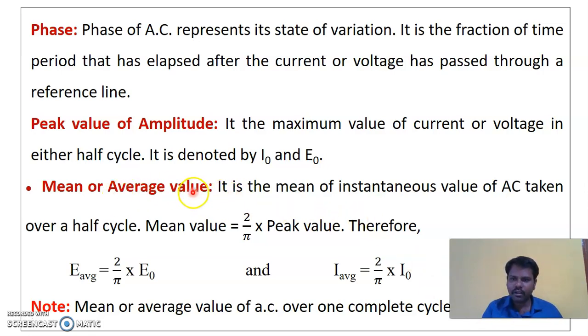The mean or average value is defined as the mean of the instantaneous value of alternating current taken over half a cycle. It is given as mean value is equal to 2 by pi into peak value. So for alternating voltage, E average is equal to 2 by pi times E naught, and I average is equal to 2 by pi times I naught.